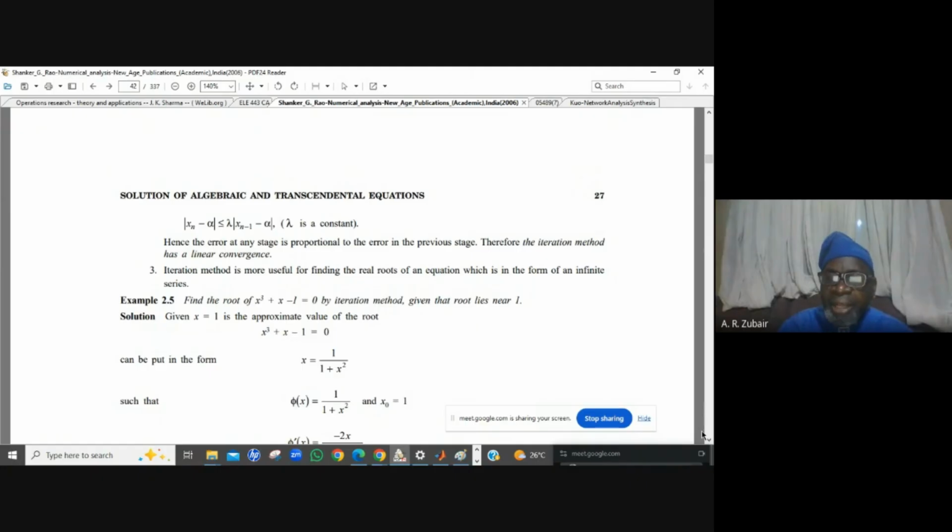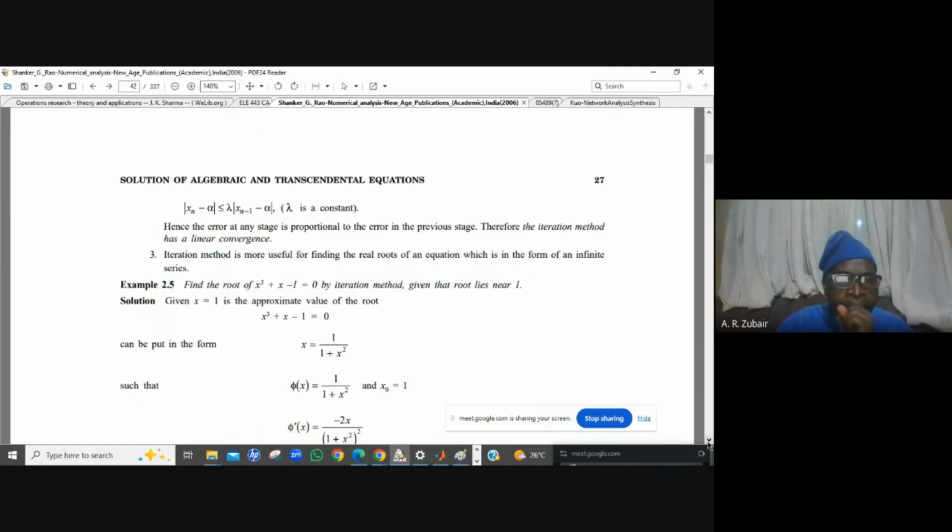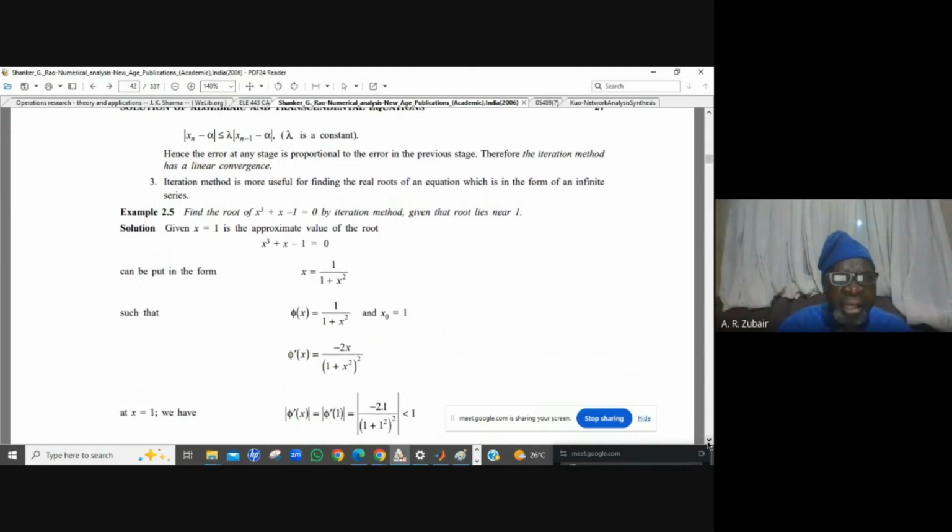So the next thing you are going to do is use your guess value. If x naught equals 1 is your guess value, put 1 here. If you put 1 here, what are you going to get?